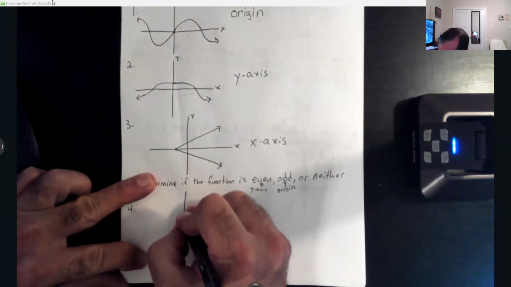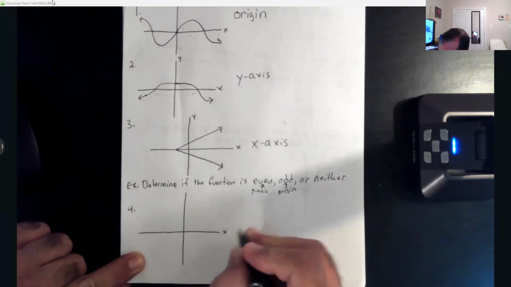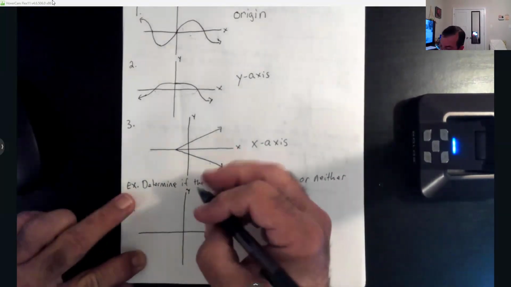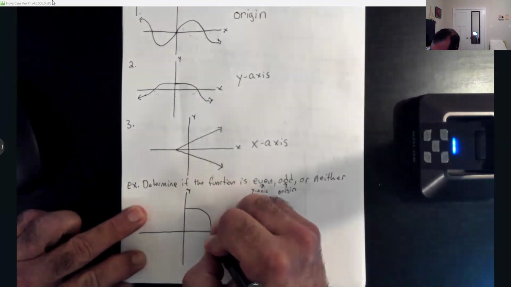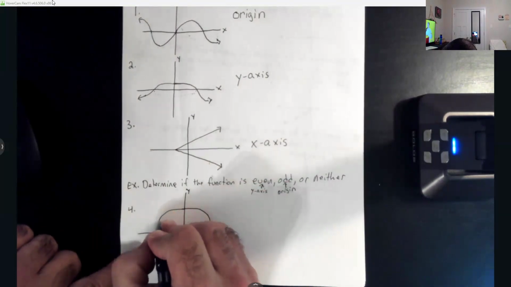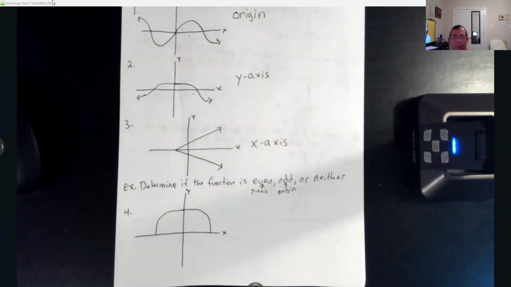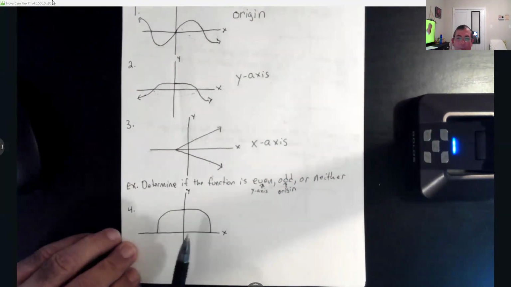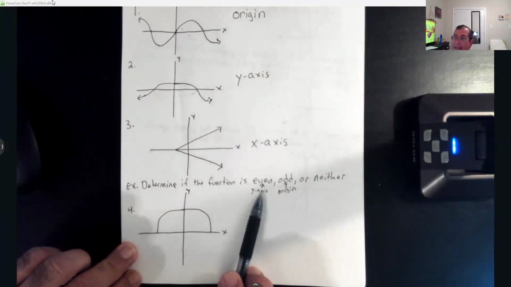All right, y'all, so my number 4. Okay, so this graph is coming over, goes down, and then over here comes over, goes down. So, even or odd, so we got to see, is it symmetric to the y-axis?